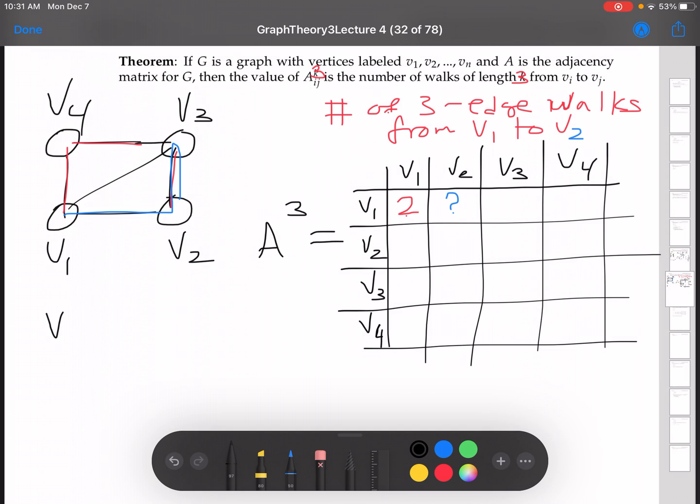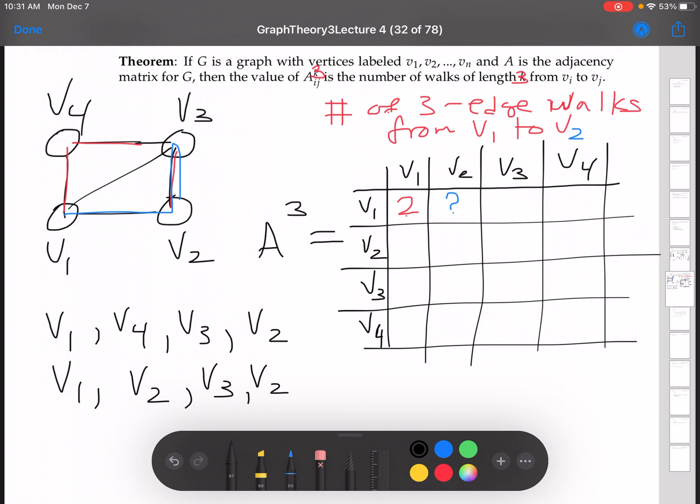One, as we found in red, was V1, V4, V3, V2: 1 edge, 2 edges, 3 edges from V1 to V2. Another one, which I just found, was V1, V2, V3, V2. That's okay. Remember, a walk can have repeated vertices as long as these things are edges. There's an edge, there's an edge, there's an edge. So it fits the bill.